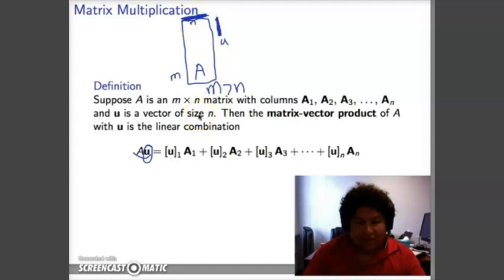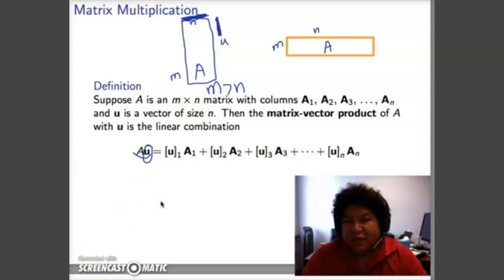So let's talk about another potential case, something that would look like this. This is a case in which the matrix A has m rows, and clearly here m is a lot smaller than n.